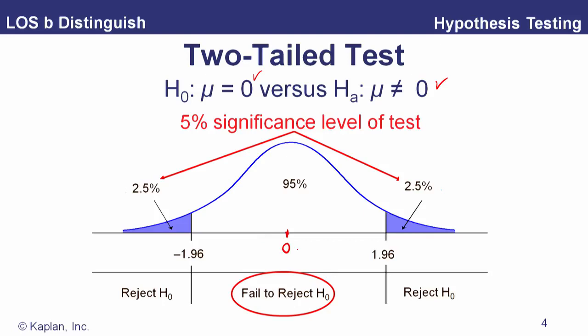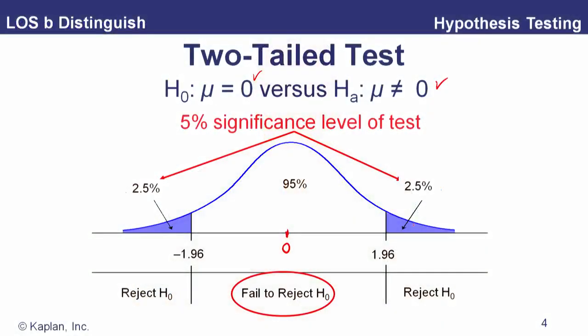When I say very far away, more than the number of standard deviations or standard errors that we've got in that 95% confidence interval. So if we get something around 0, we'll fail to reject the null. If we get something that is statistically significant away from 0, then we'll reject, either too high or too low. So anything out here in the tails, we'd reject the hypothesis that the mean is actually 0.